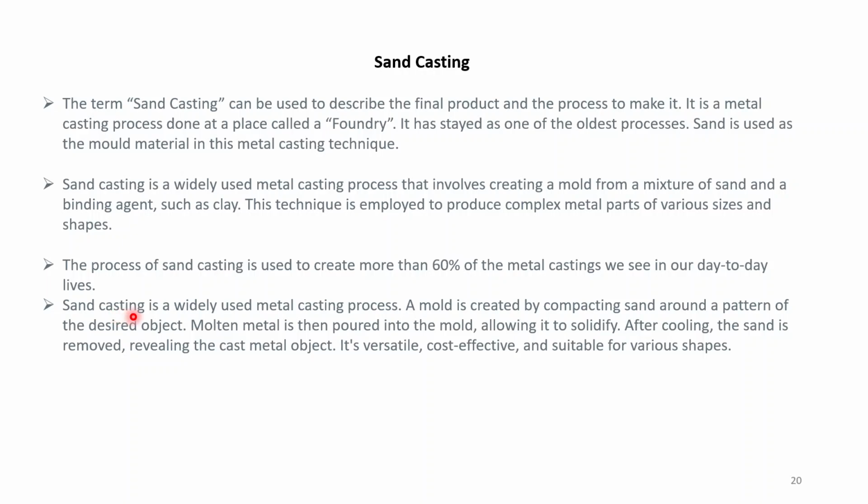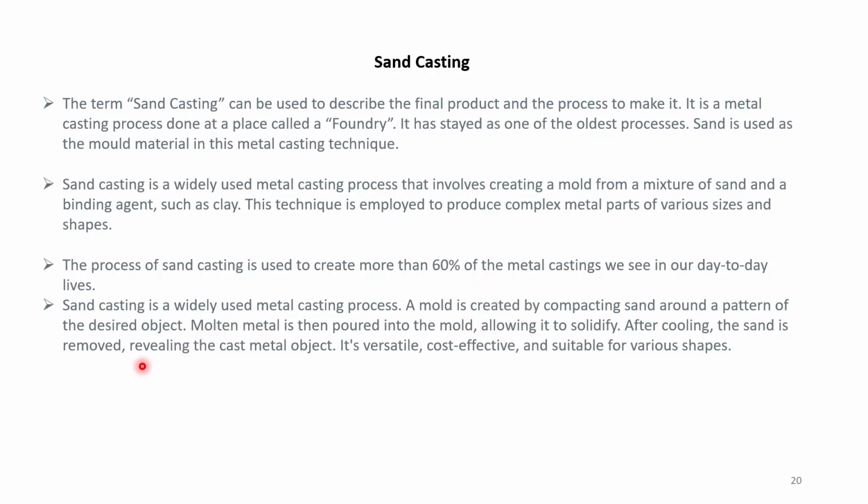A mold is created by compacting sand around a pattern of the desired object. So you will have a pattern in between, then sand surrounding it, and then you use a rammer to compact the sand.